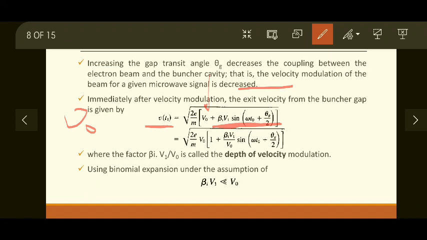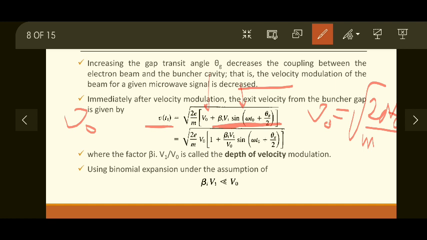So everything is under the square root. Where does this square root come from? From the initial formula we have seen, square root of 2e v0 upon m, that was the initial velocity. Same formula for v of t1, but instead of simply v0, now the additional microwave input is also considered.